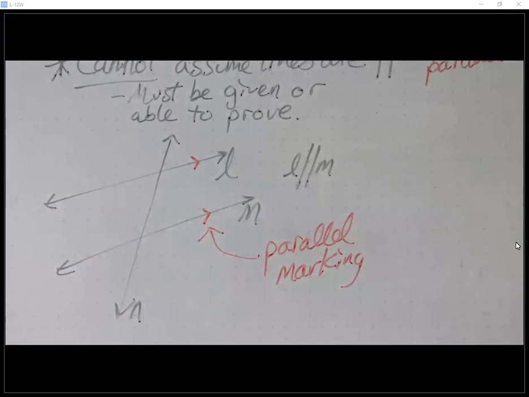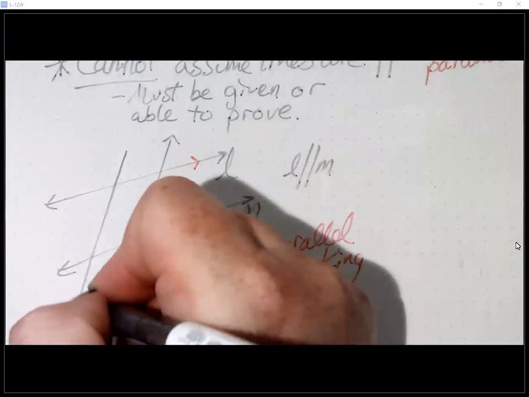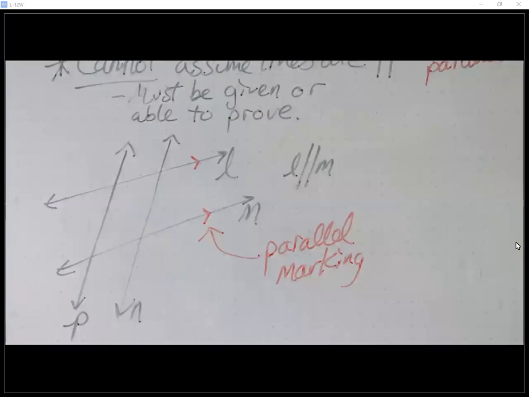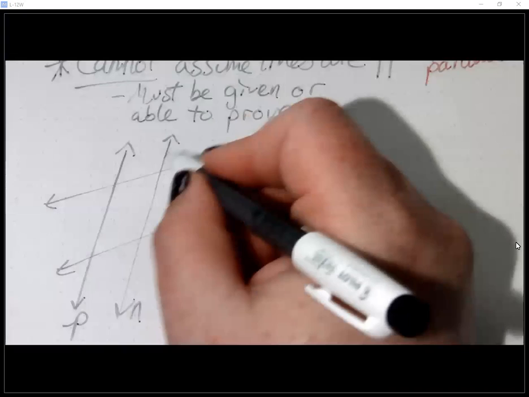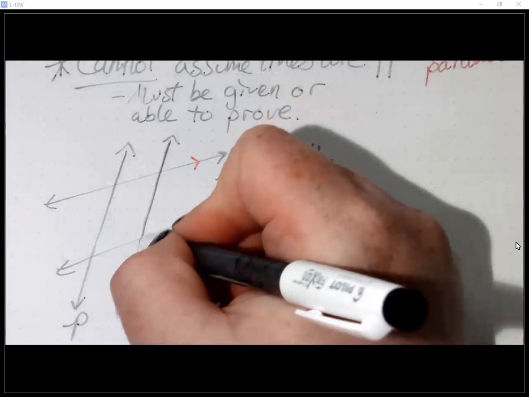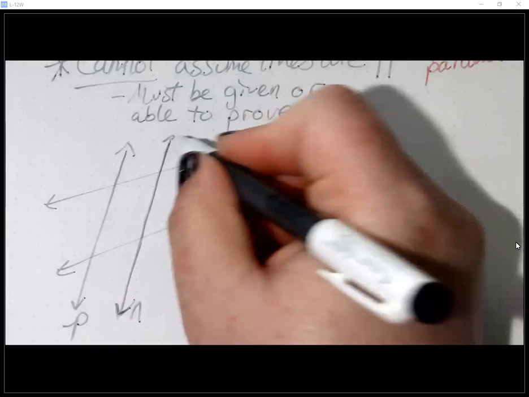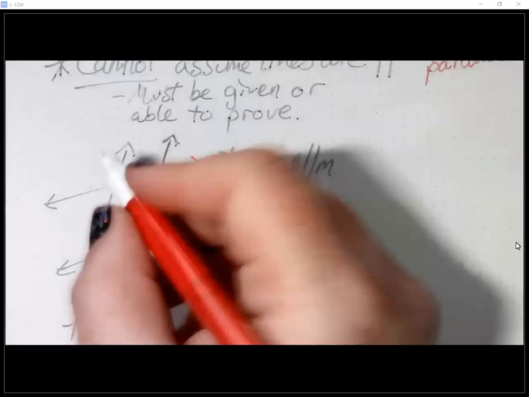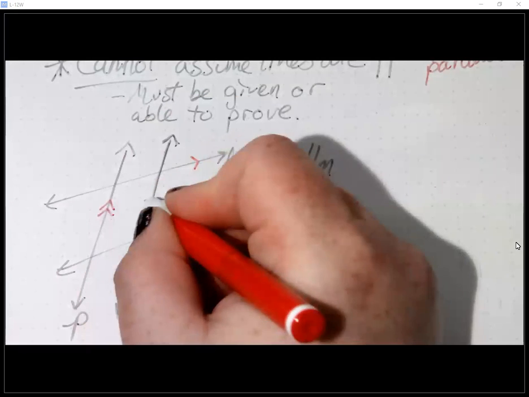Now, what if I drew in a fourth line? I'll call that line P. If I wanted to indicate that lines N and P were parallel to each other, they are obviously not parallel with L and M. So I don't want to use the same marking, because then I'd be saying that all four lines are parallel to each other. So what we do is we just put two arrows on those.